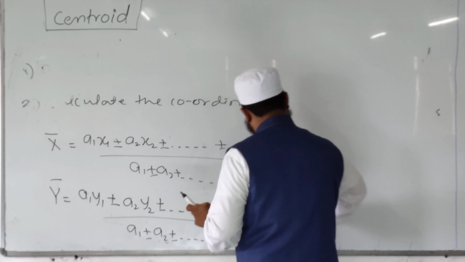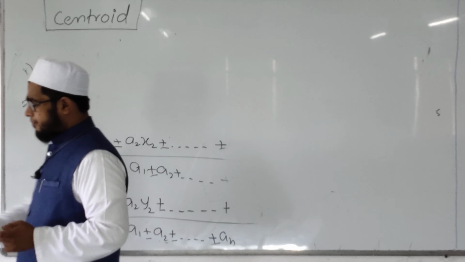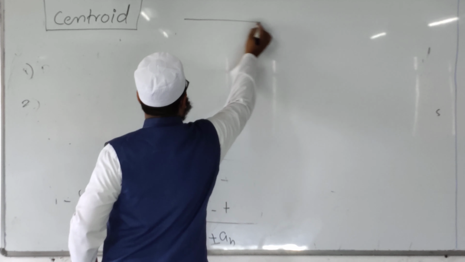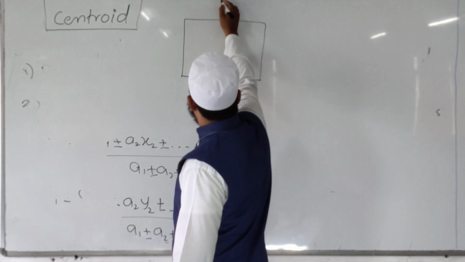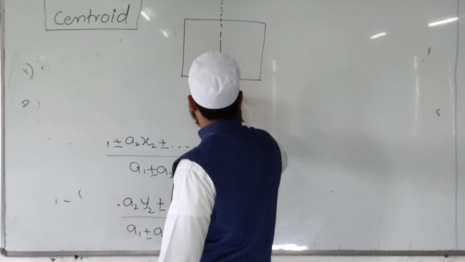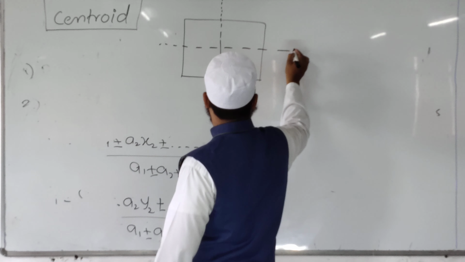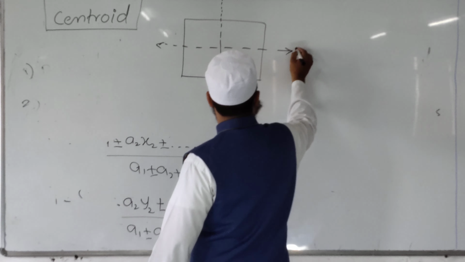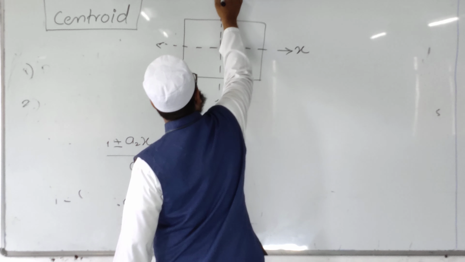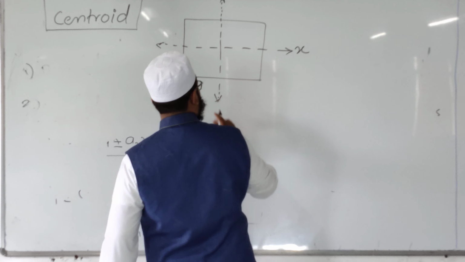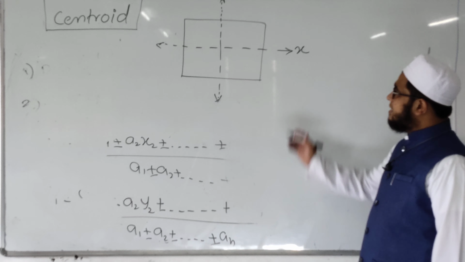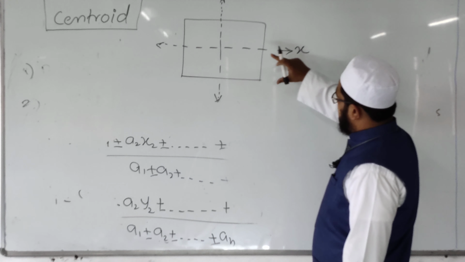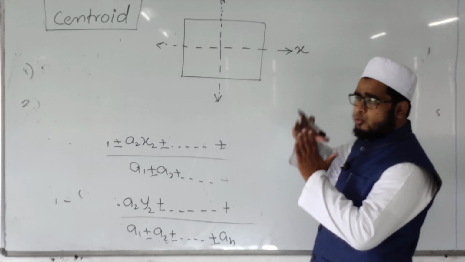Now the very important point is you have to remember the axis of symmetry. The axis of symmetry means, if this figure is given and we have to determine the centroid with reference to the axes at the given position, in this case the axes divide the given figure into two equal parts.